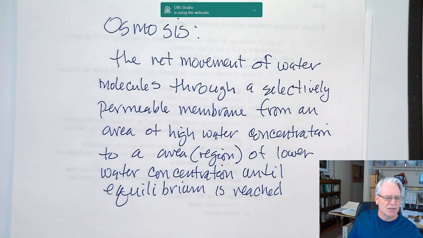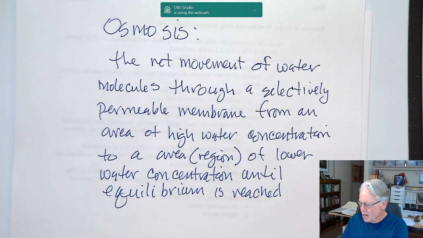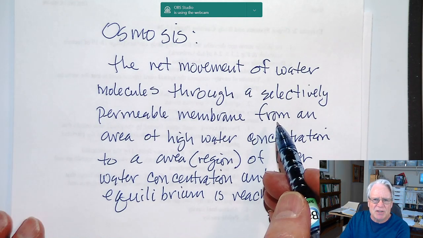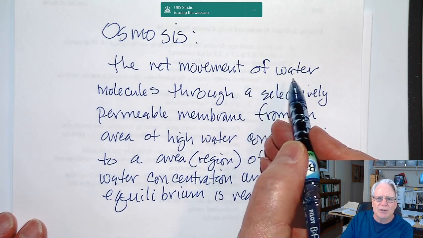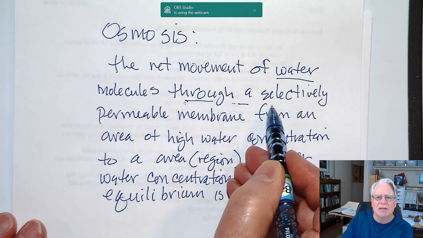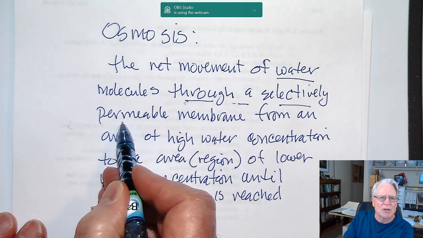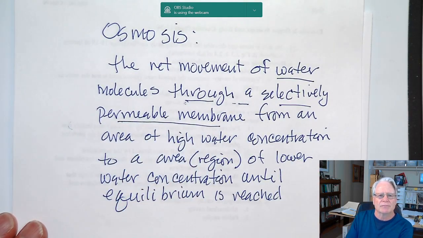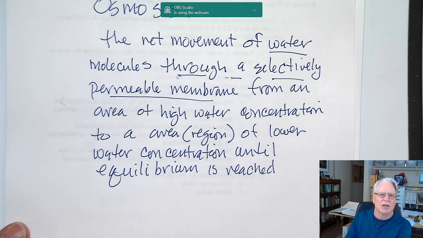So if we come back to this definition, what we see is that now what's moving is something very specific. Water is moving, and it's moving through a selectively permeable membrane. Okay, so something very specific is moving, and it's moving through a structure, a selectively permeable membrane.